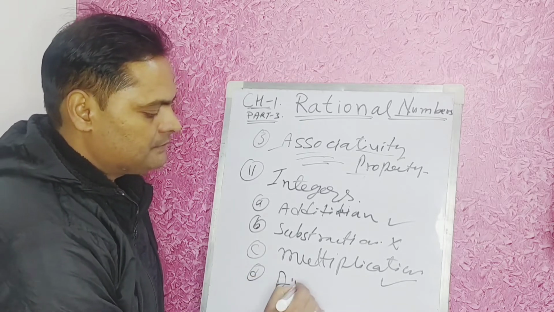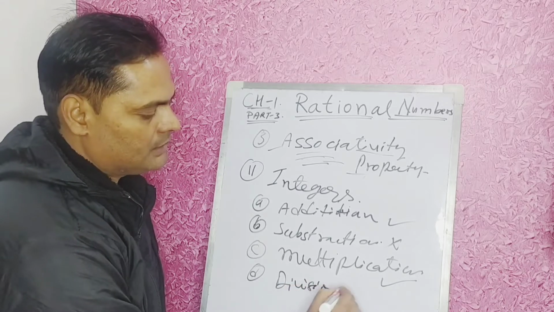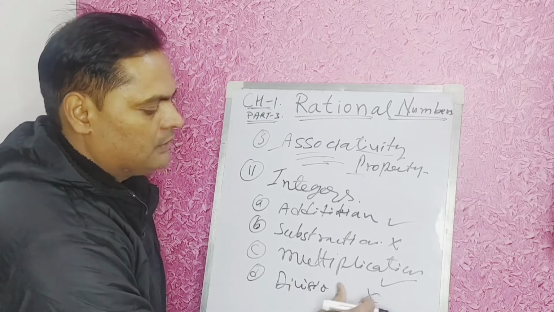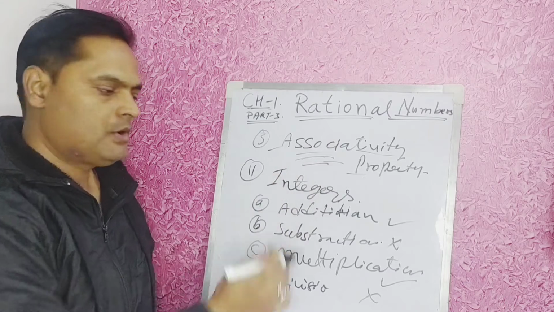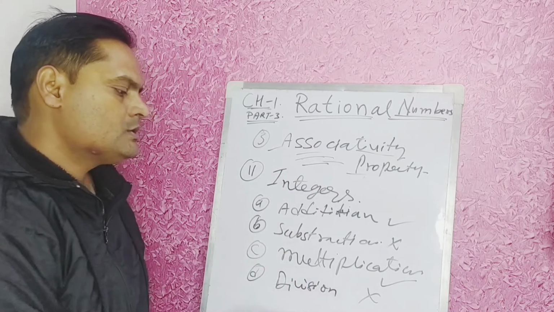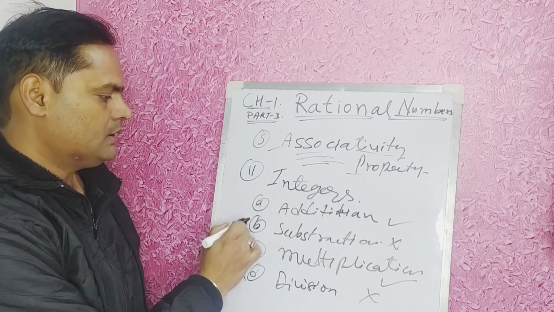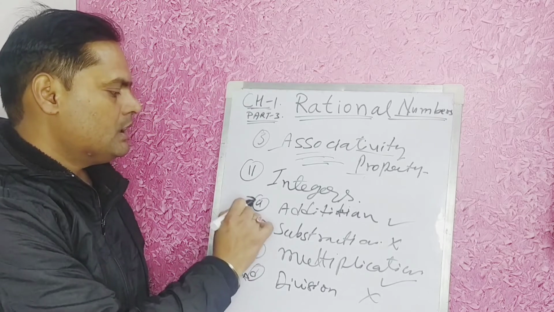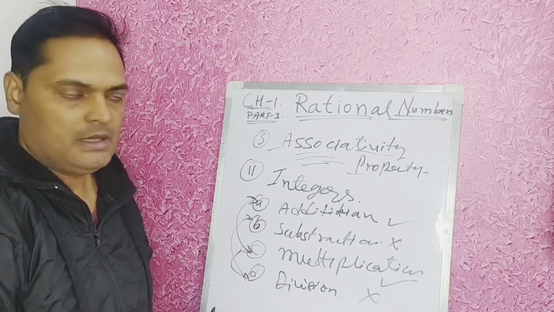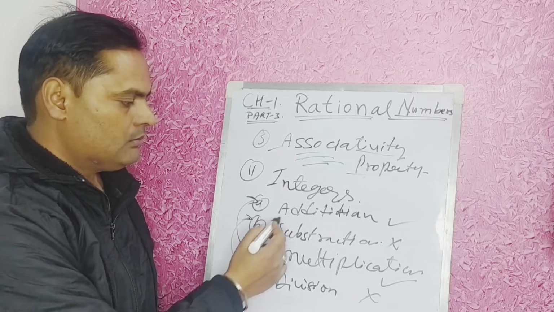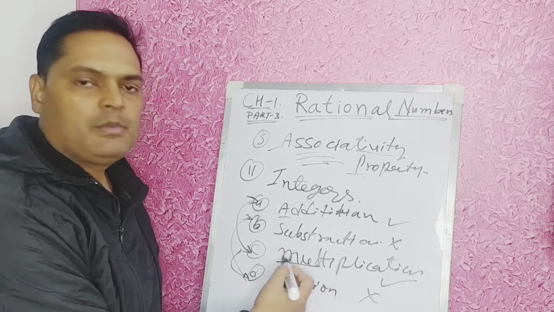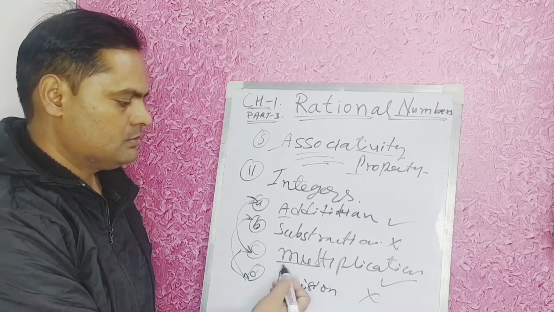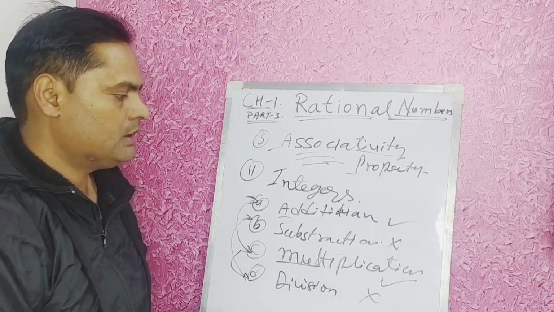Next, division. It also does not fulfill the condition of the associative property. Division is treated the same as subtraction, and multiplication is the repetitive addition part. So we are able to understand that, right?